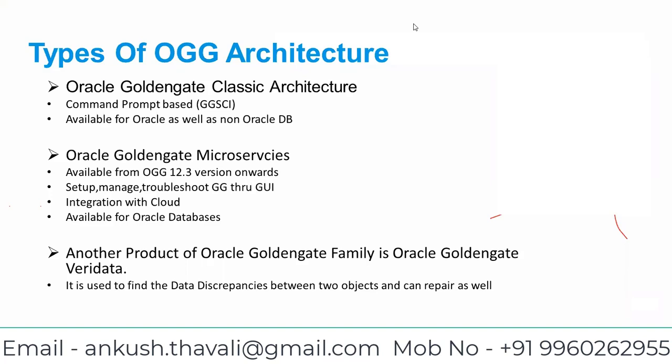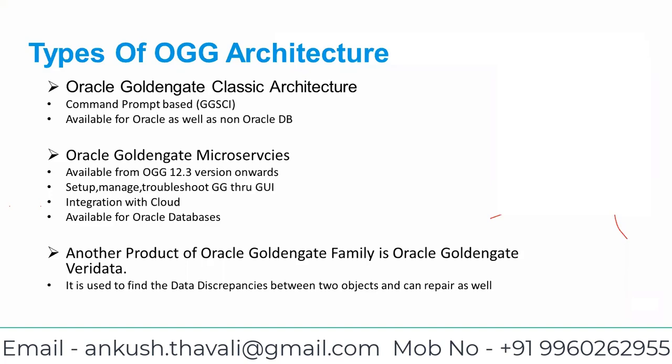From 2017, Oracle launched a new architecture of Oracle Golden Gate, which is called Oracle Golden Gate Microservices Architecture. Until Golden Gate 12.2, there was only one way to set up Golden Gate, through the command prompt GGSCI, and we called it Oracle Golden Gate. From 12.2, it is called Oracle Golden Gate Classic Architecture.